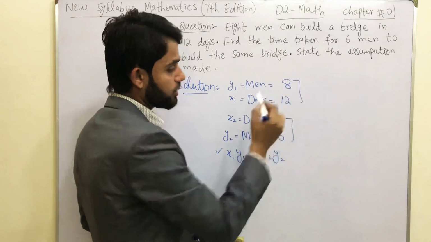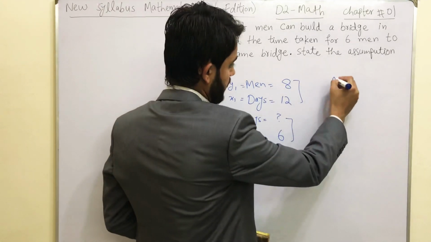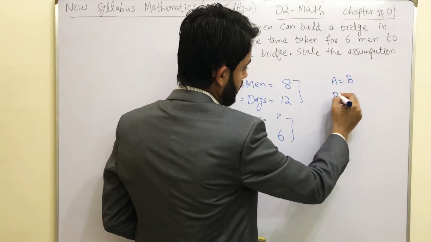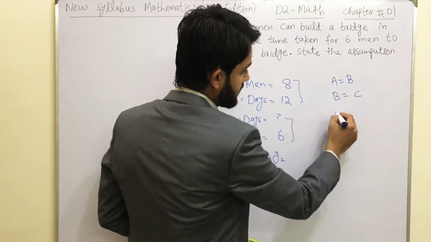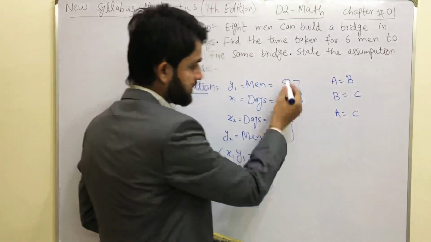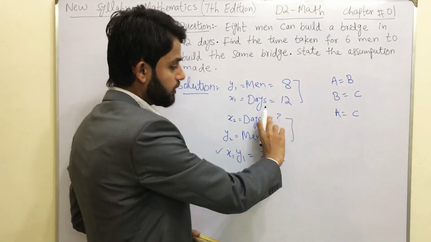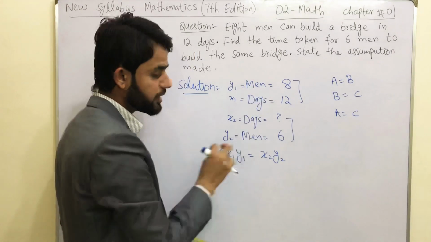That is why they both are equal. Or in other words, let's suppose if A equals B and B equals C, then we can say that A and C both are equal. This is the same thing. These two are equal to project completed. The purpose of these two is also equal to the project completed. So that's why these two can be written as equal.